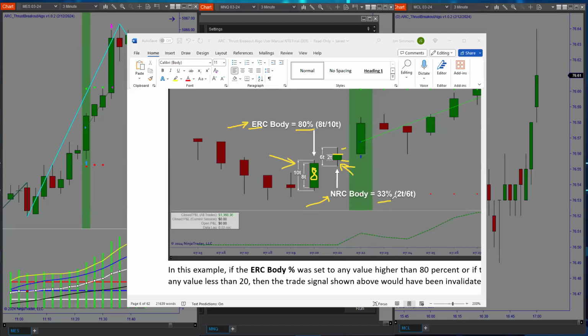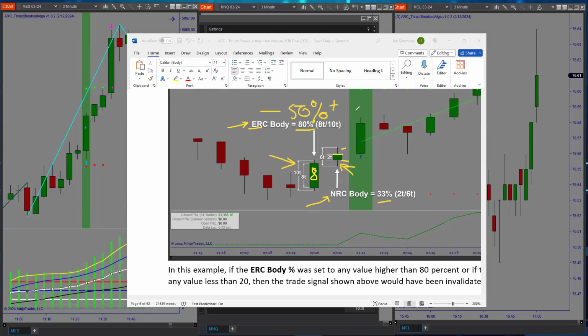Now, we always talk about true north with these things. The way that we have typically traded this, granted, you can eyeball it. That's how we've done it in the past, but now we have an algo to do it for us, which is great. Typically, the extended range candle would need to be 50% body or more.